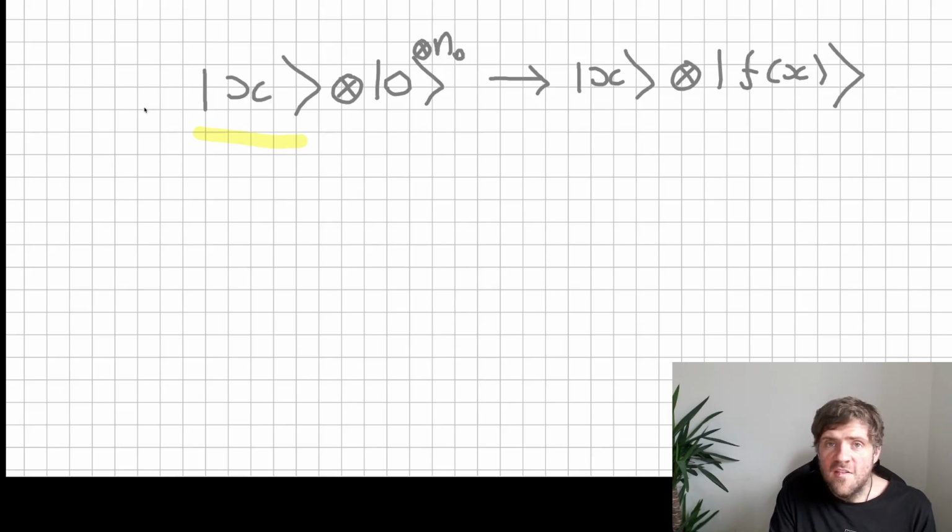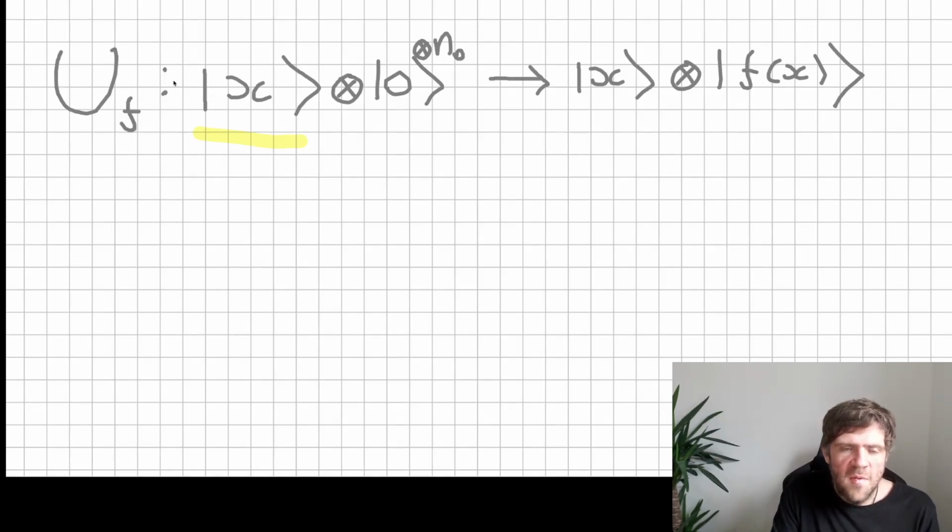And since it's a reversible process, this can be implemented by a unitary. So we basically want to find unitaries that can provide this sort of rotation.